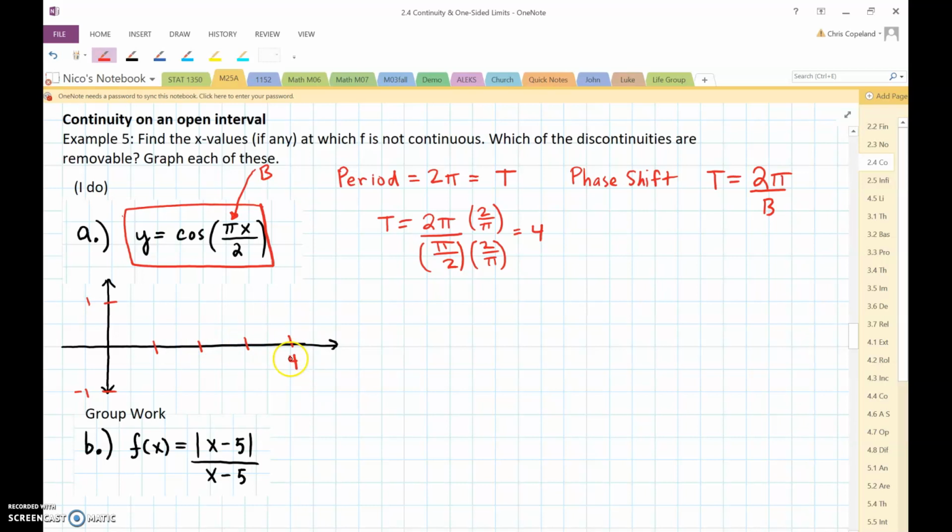So if this is 4, and this is divided into fourths, so this is going to be 1, 2, 3. And then the general shape of the cosine function is going to be the same. It's just the period is changed. Now it repeats itself every 4 units instead of 2 pi units.